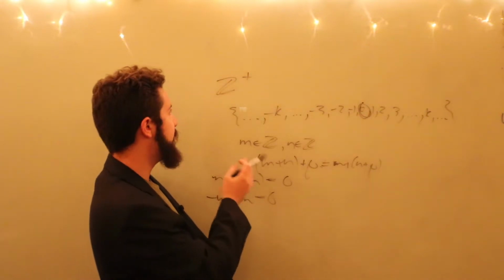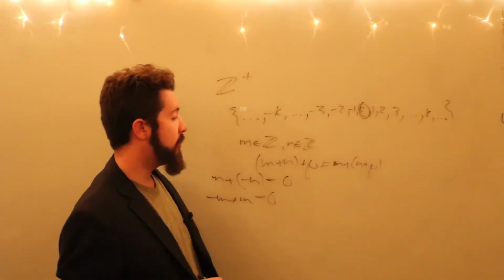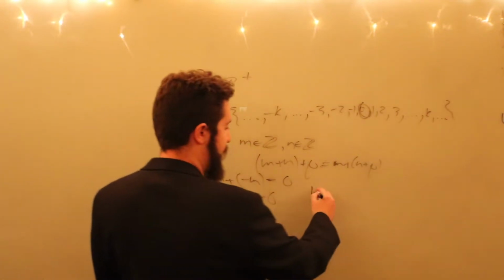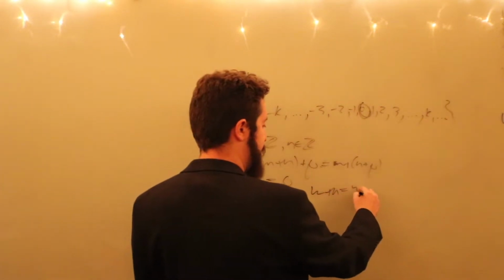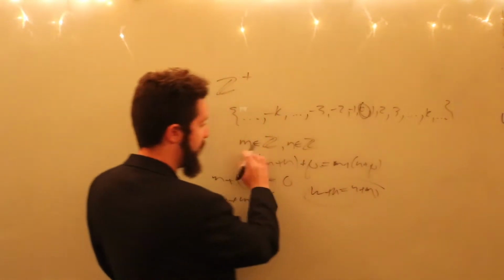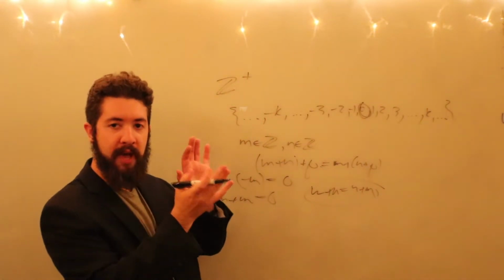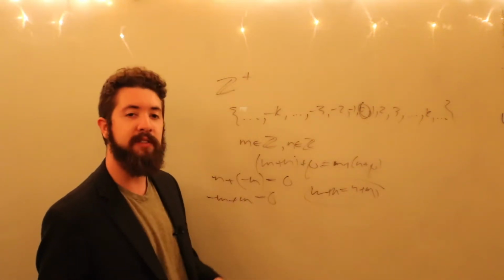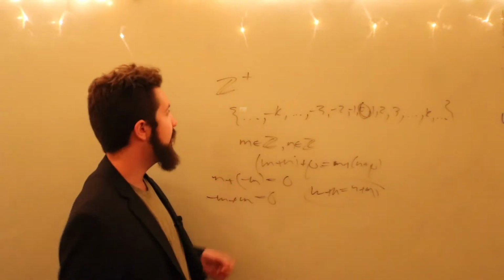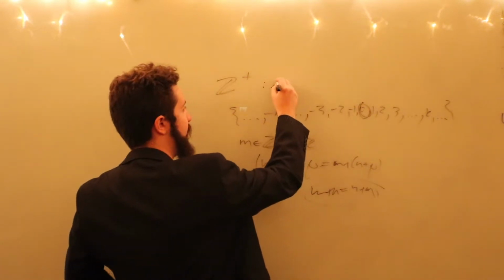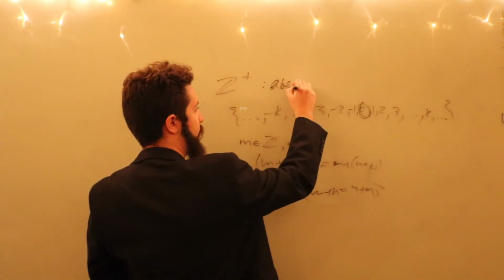So the integers under addition are a group. But they're actually more than just a group. They're an abelian group, because m plus n is equal to n plus m for any m and n in the integers, right? Doesn't matter which way you add two numbers, the result is going to be the same. So this is going to be our great canonical example of an abelian group, right?